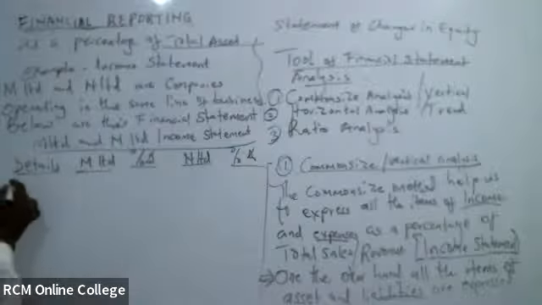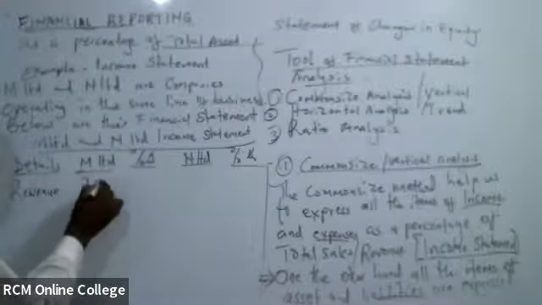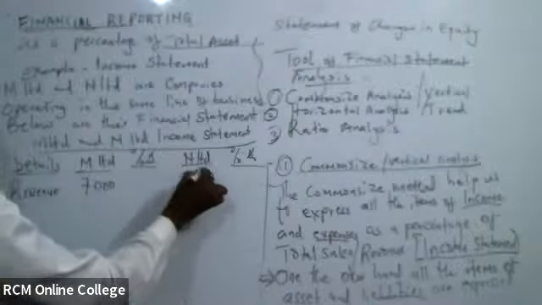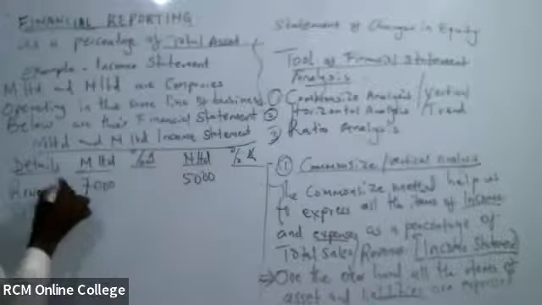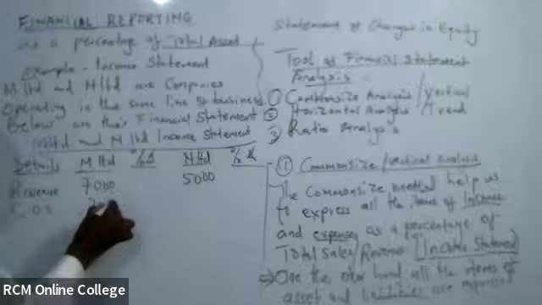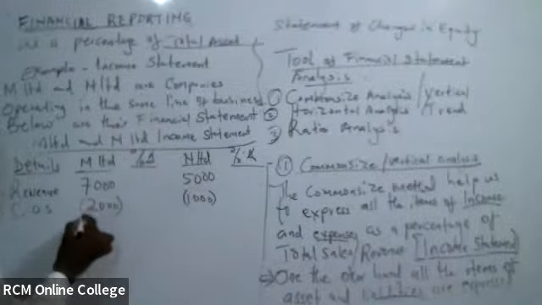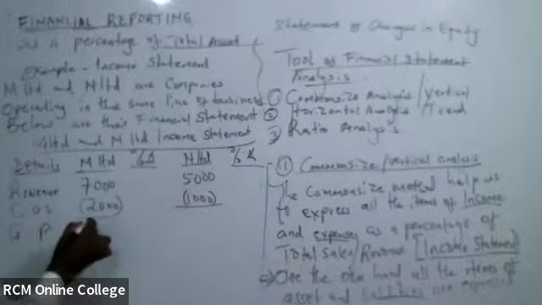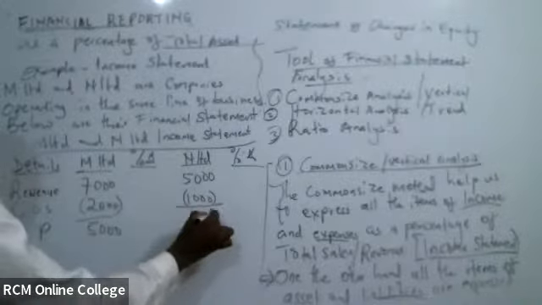Great. Now we have the revenue. Revenue for this is 7,000; for this company it was 5,000. You have the cost of sale: 2,000 here, 1,000 here. I know cost of sale reduces my revenue, therefore I'm able to get the gross profit. The gross profit is 5,000 here, 4,000 here.